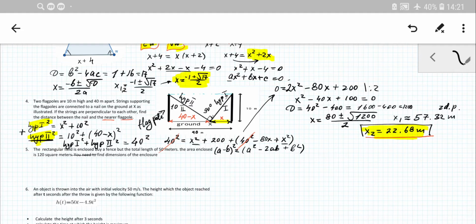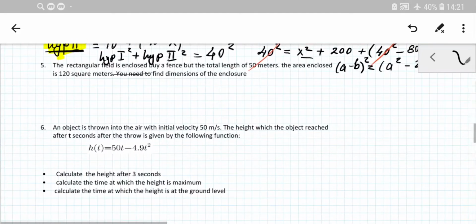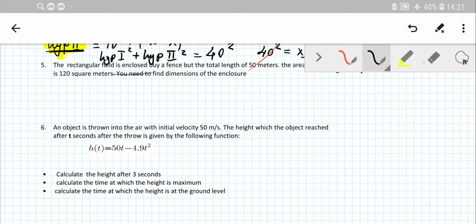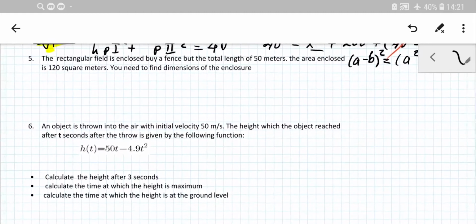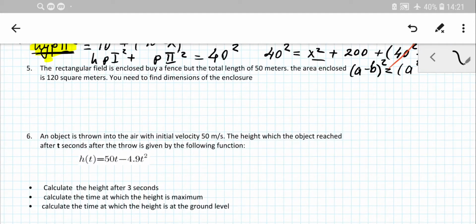Okay, so let's move next. I just erased what we don't need. Let's see. You have a rectangular field enclosed by a fence with a total length of 50 meters. The area enclosed is 120 square meters. You need to find the dimensions of the enclosure.